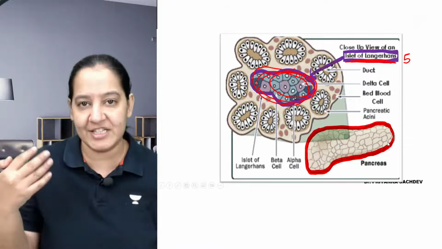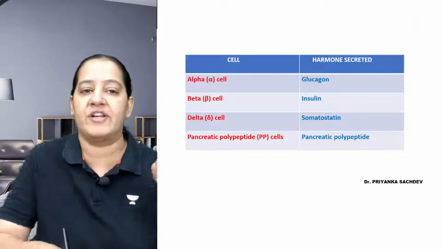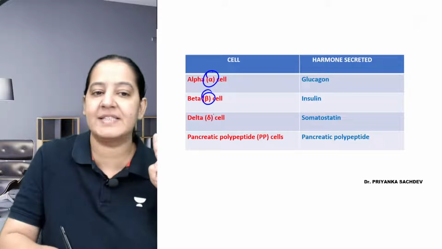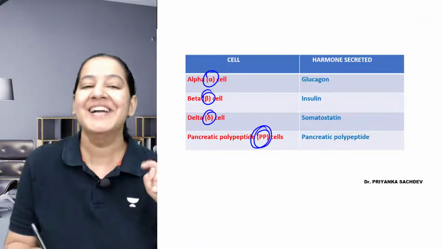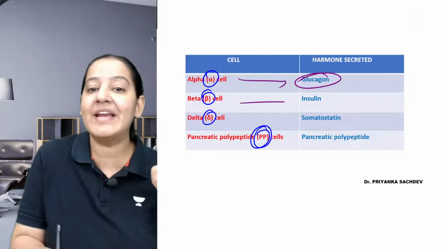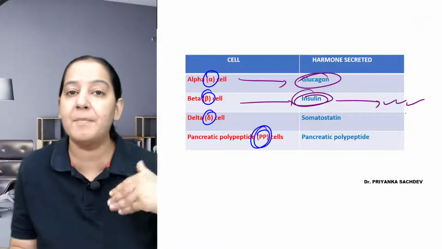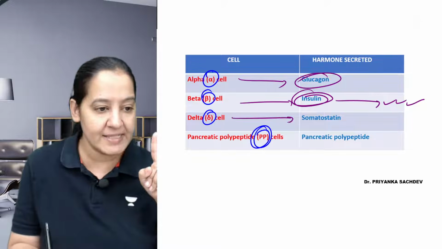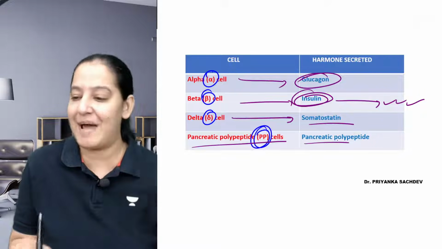The 4 major cells are alpha cell, beta cell, delta cell and PP cell. What is PP? Pancreatic polypeptide. The alpha cell secretes glucagon, and the beta cell secretes insulin. Today we are going to study the insulin secreted by the beta cell of the pancreas. The delta cell secretes somatostatin, and the pancreatic polypeptide cells secrete pancreatic polypeptide.